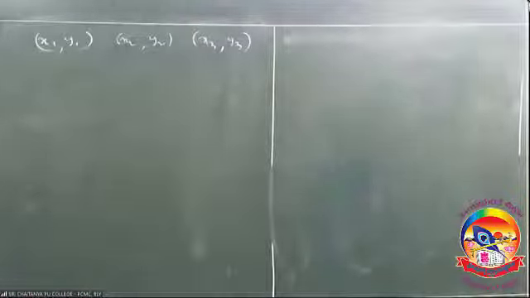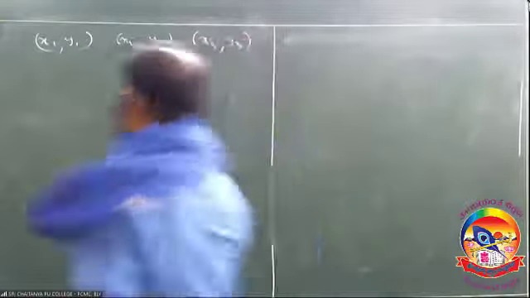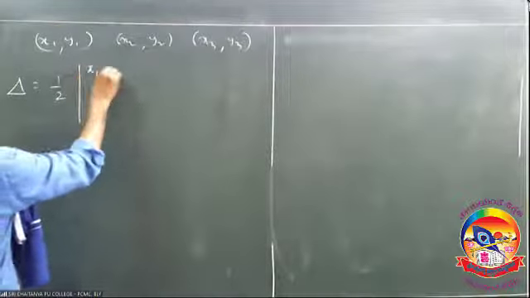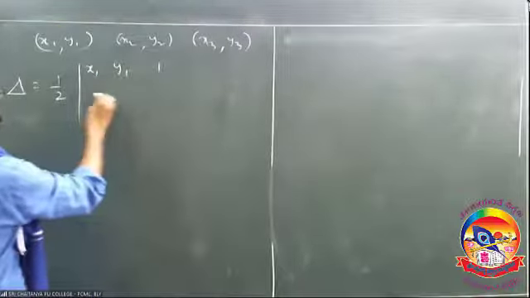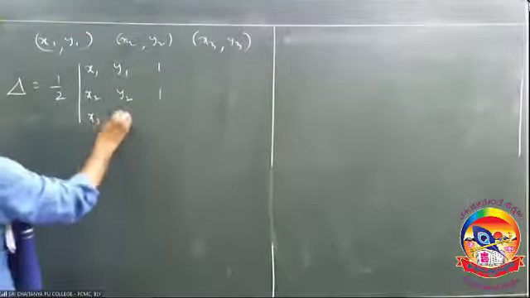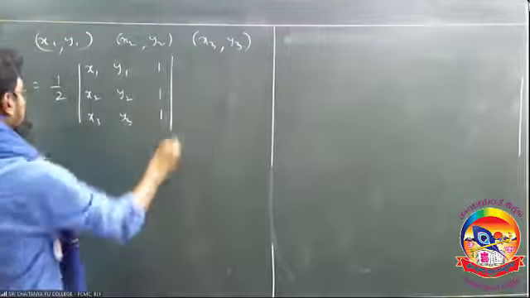Delta is equal to 1 by 2 into delta of the determinant with first row x1, y1, 1, second row x2, y2, 1, third row x3, y3, 1.